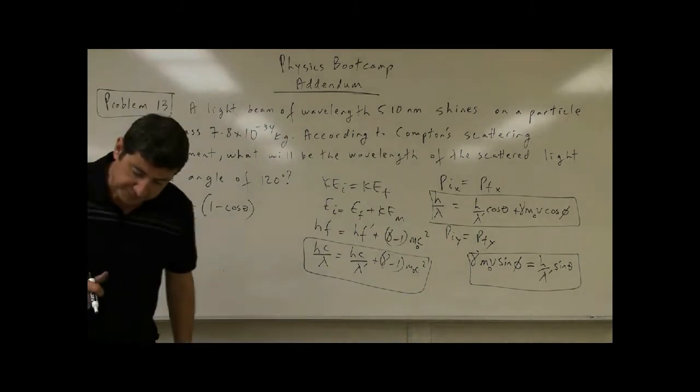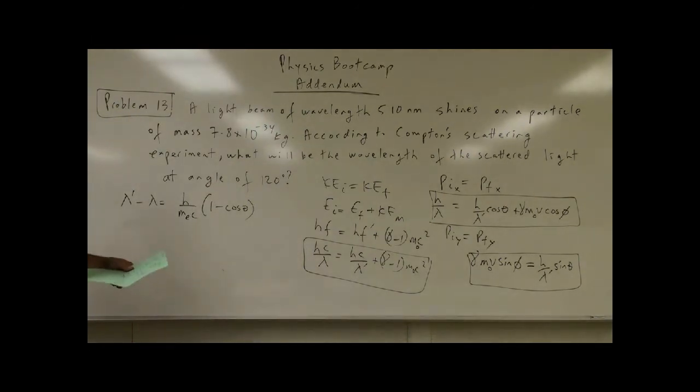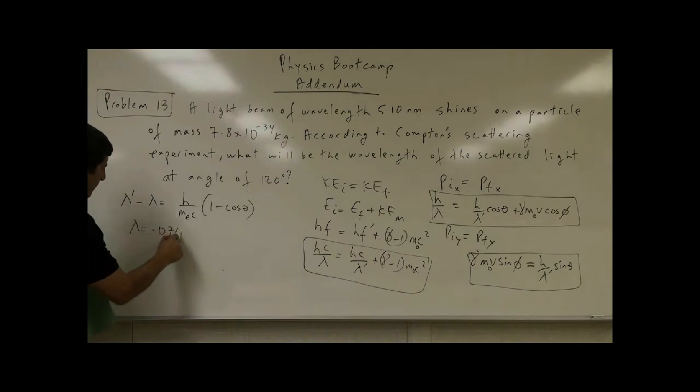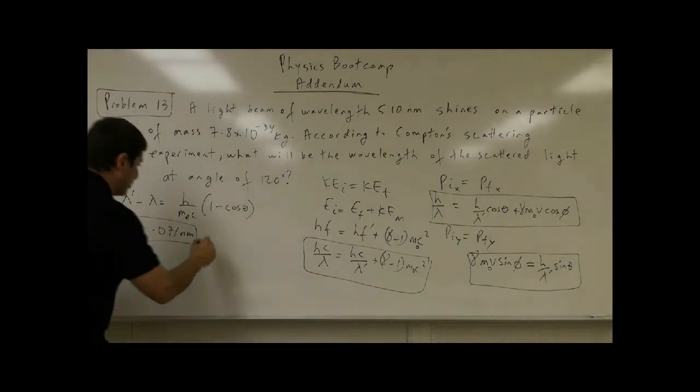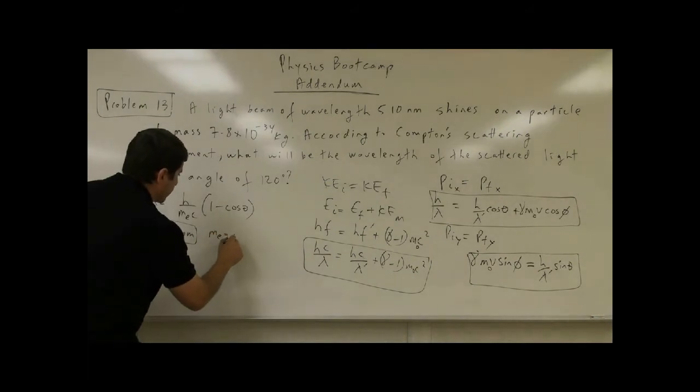Roughly speaking, the wavelength that he used, lambda, was about 0.071 nanometer. That's the wavelength of an X-ray. And then he used electrons, so the X-rays were shot towards electrons, so m_e was the mass of an electron.